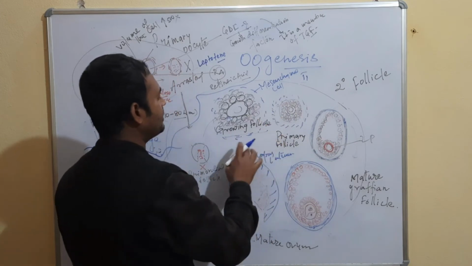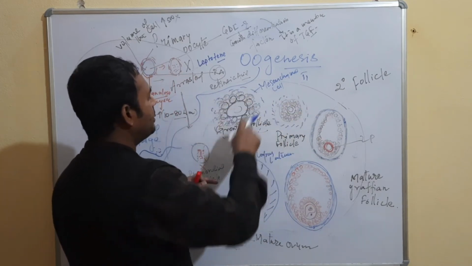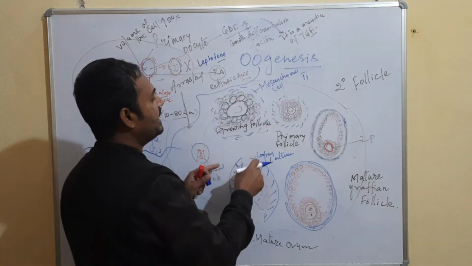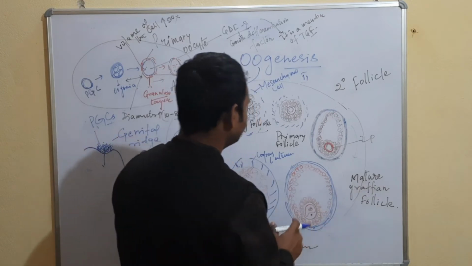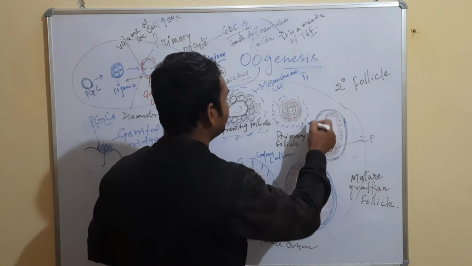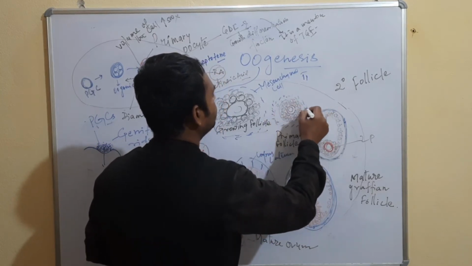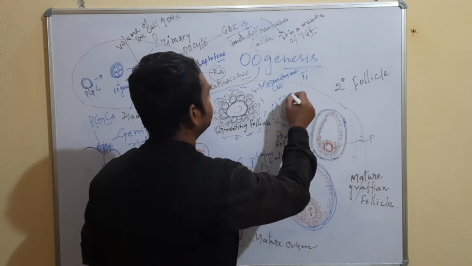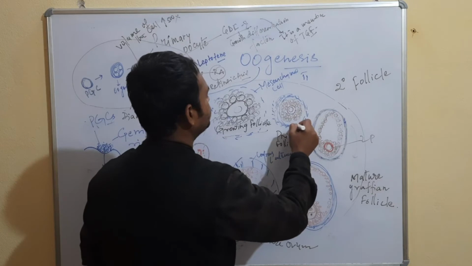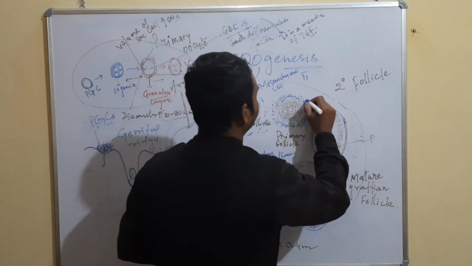The mesenchymal cells will start to hover around the granulosa layers, and after the subsequent division, they will make a thin layer of mesenchymal cells, and this is called the theca layer.